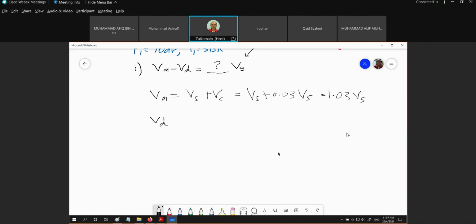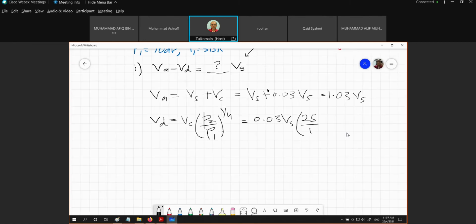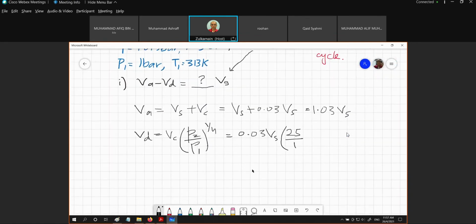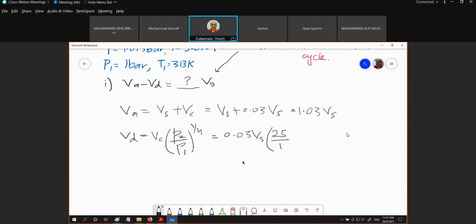Vd is equal to Vc times P2 over P1 to the power 1 over n, which is equal to 0.03 Vs. What is P2? 25 bar. What is P1? 1 bar. And the exponent is 1.3.